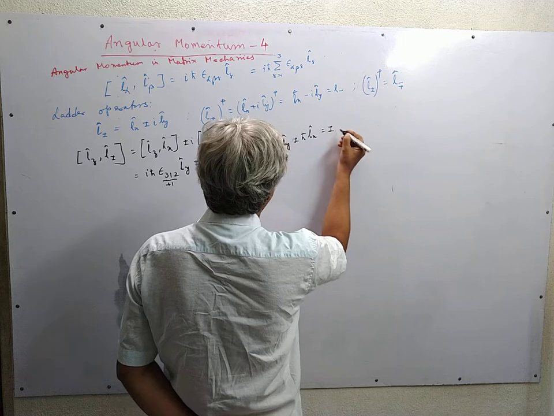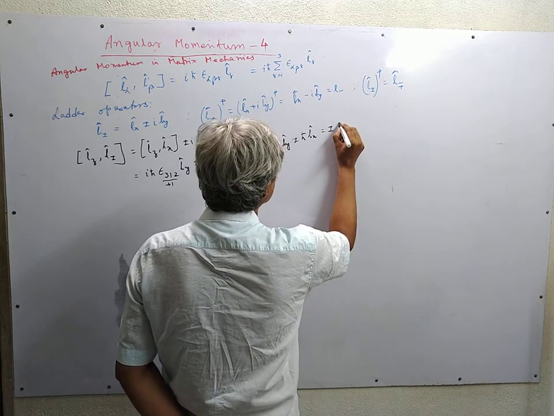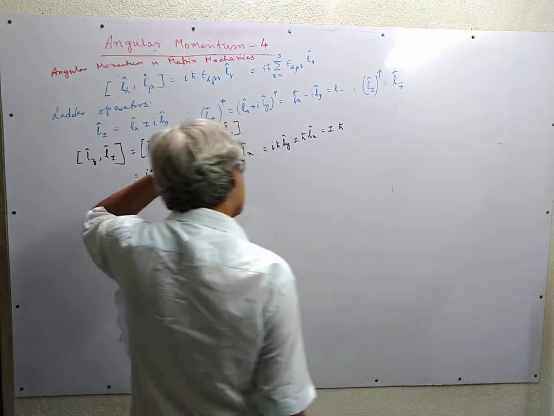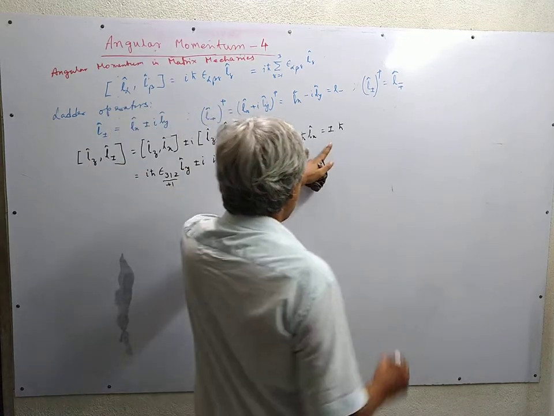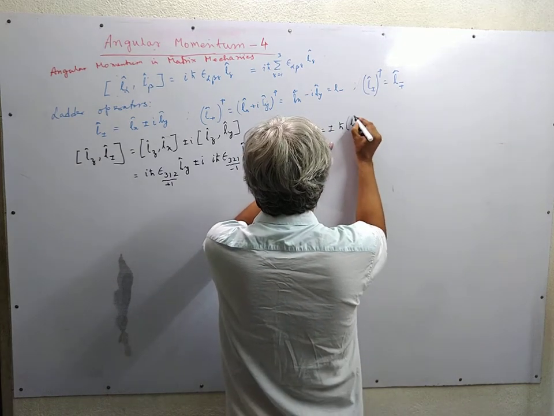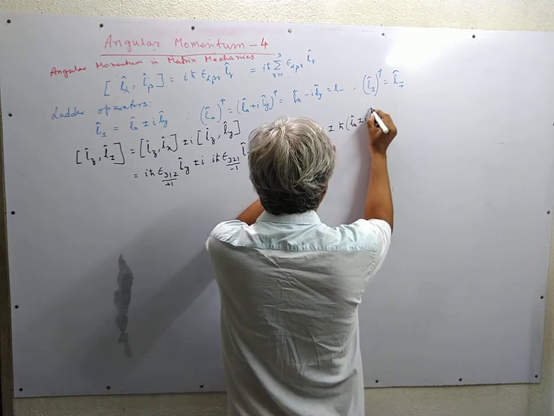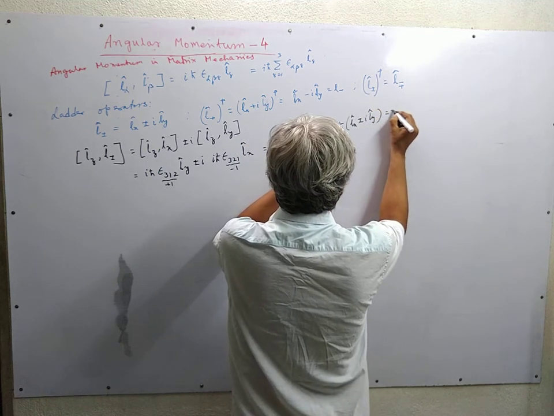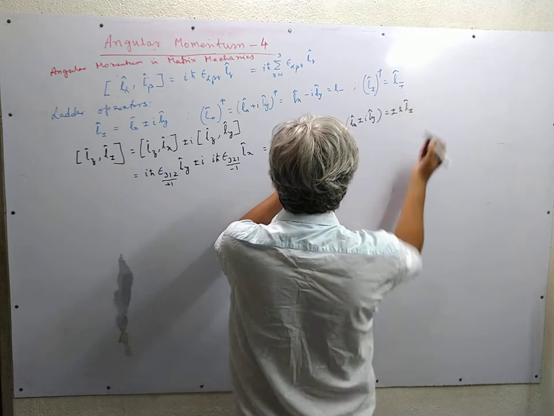If we take plus or minus ħ common, then we find that it is Lx ± iLy. This is equal to ±ħ L±.